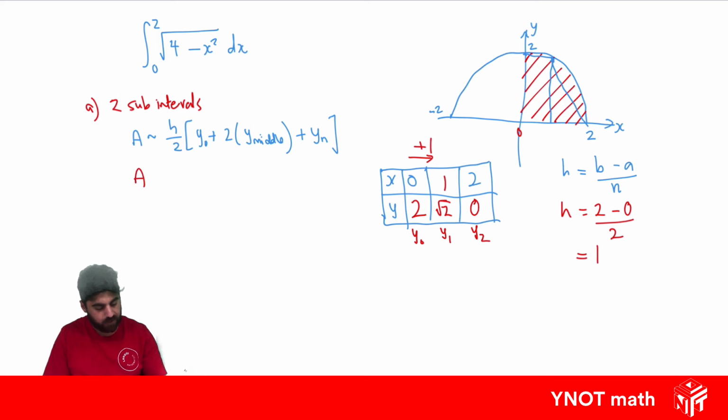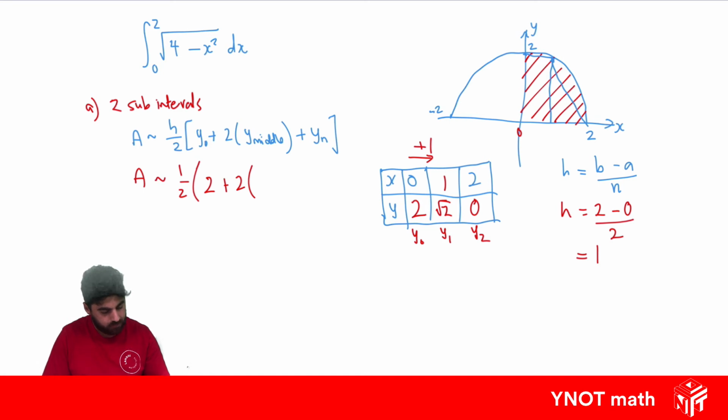So we can approximate our area. We can plug everything in the formula. So our height we know is 1 over 2. Outside of y0, well, we know y0 is 2. Plus 2 times all our middle values. Well, there's only one value in the middle, and that's root 2. So it shouldn't be root 2.